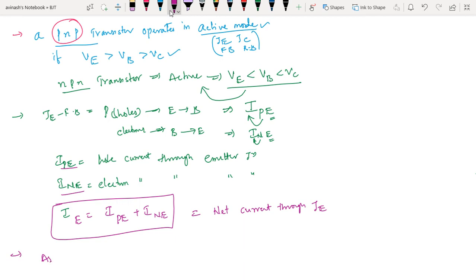Okay. Now let me take another point here. As the emitter junction is heavily doped, the carrier injection from emitter to base is much stronger.